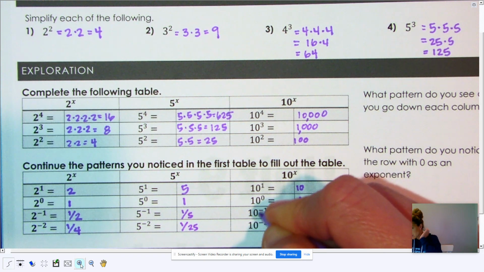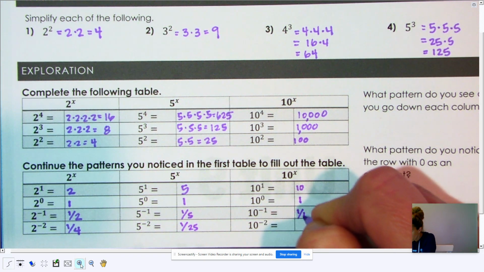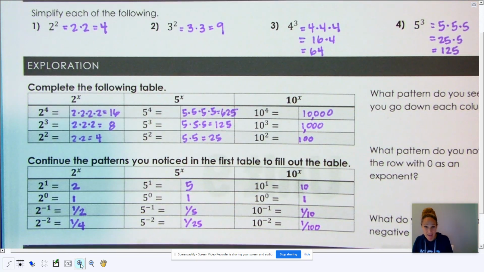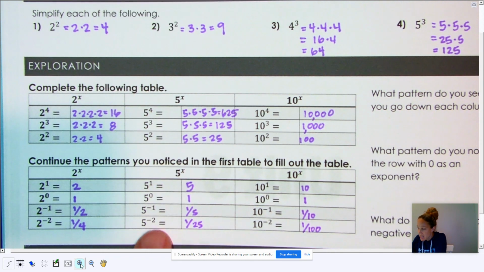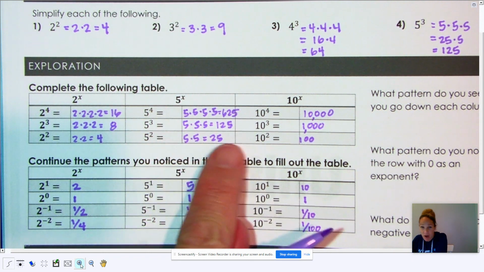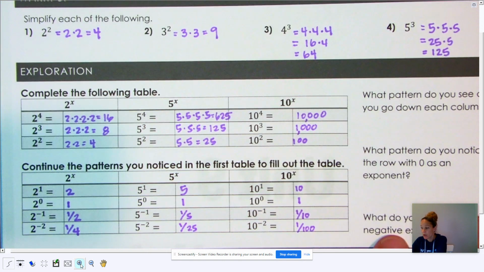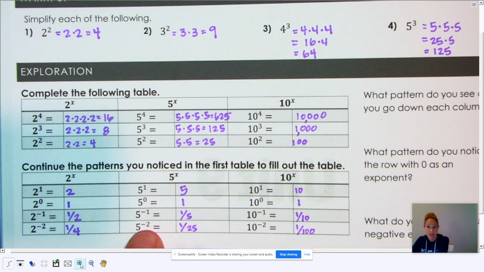Well, remember, this means divide by a 10. So 1 divided by 10, 1 divided by 2 tens. Okay, so what do you notice about the negative exponents? It's the same answer as our positive exponent, but it's in the bottom of the fraction. So when we have a negative exponent, it kind of means divide by that number that many times.